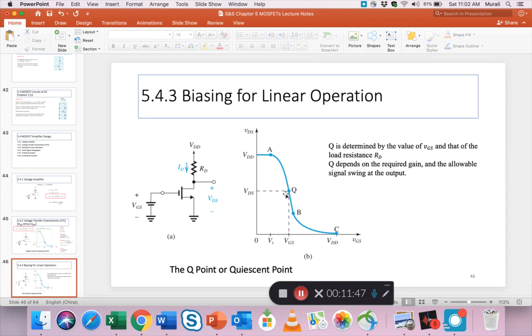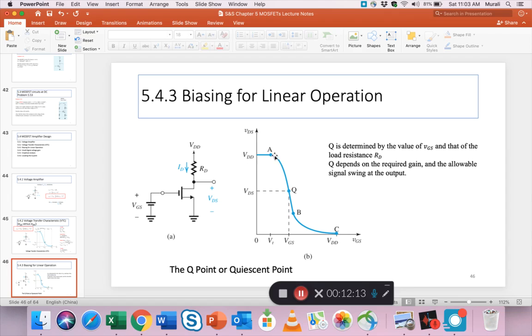So if you pick a point Q and you want to go slightly above and slightly below, meaning you're taking the input signal slightly less and slightly more, that slightly less, slightly more is what's called small signal, right? If you operate in that small signal area, you want to be in the linear portion of this graph.